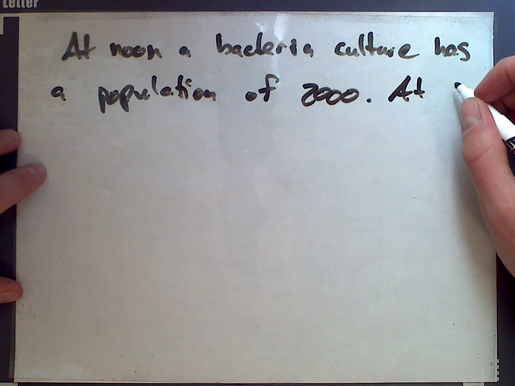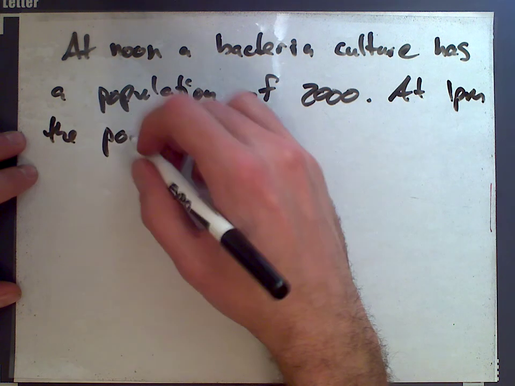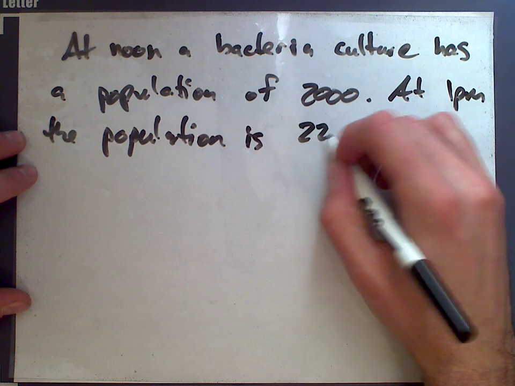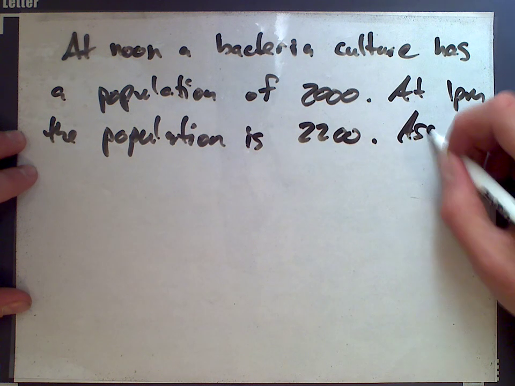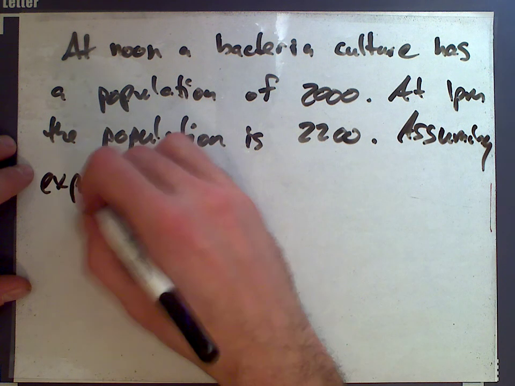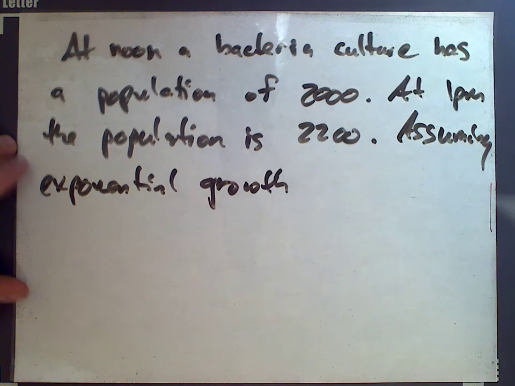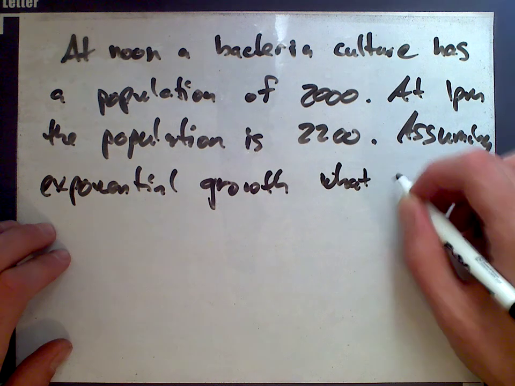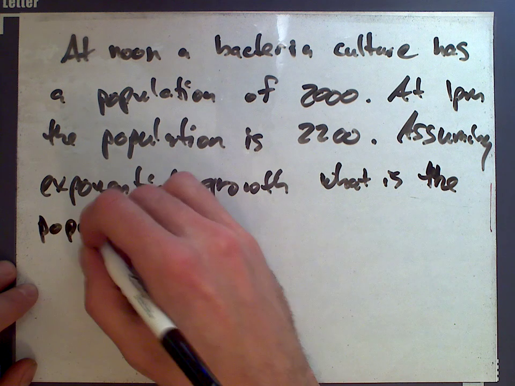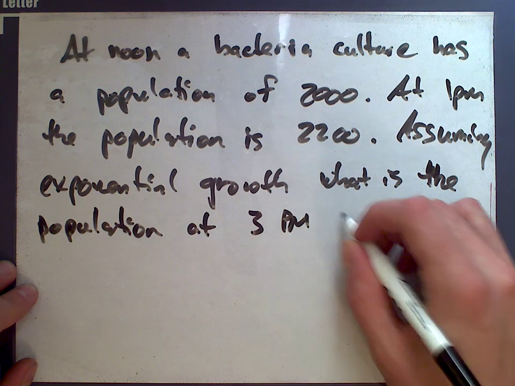At 1 p.m., the population is 2,200. So assuming exponential growth, what is the population at 3 p.m.? Okay, so that's the question.